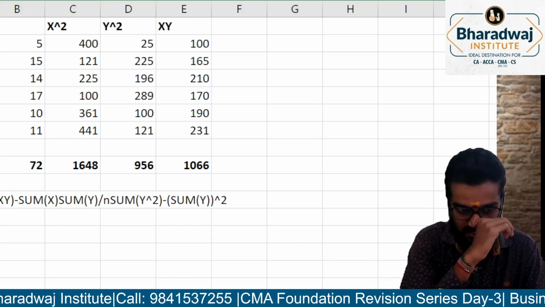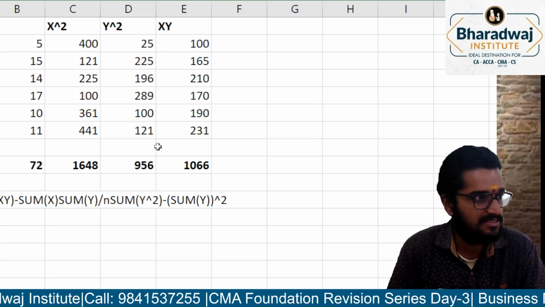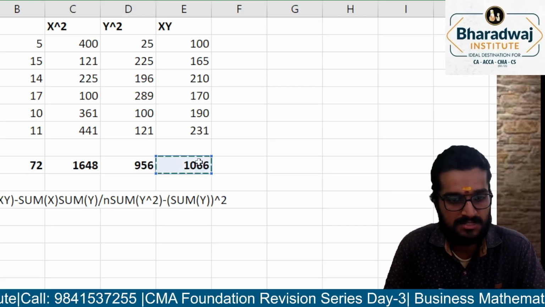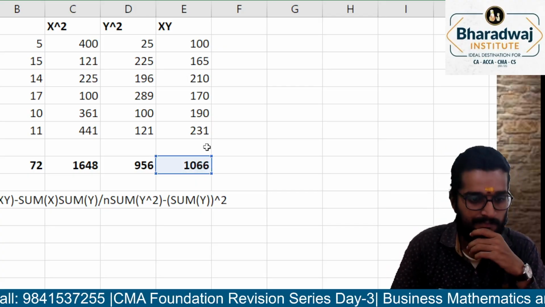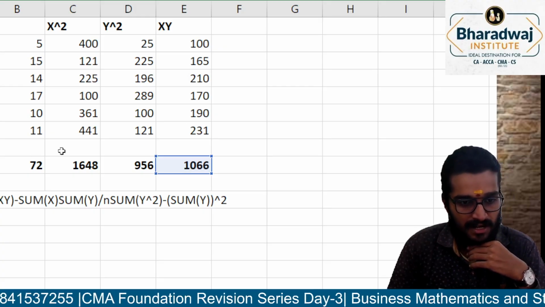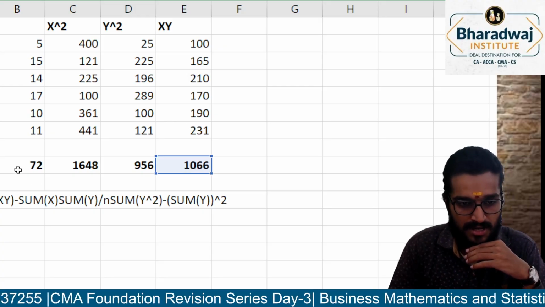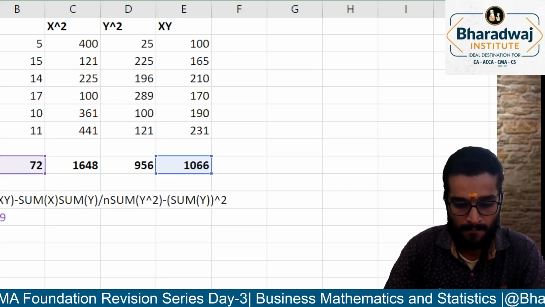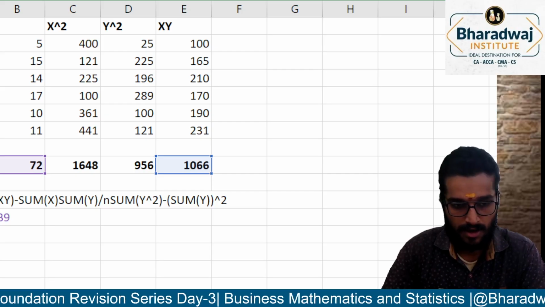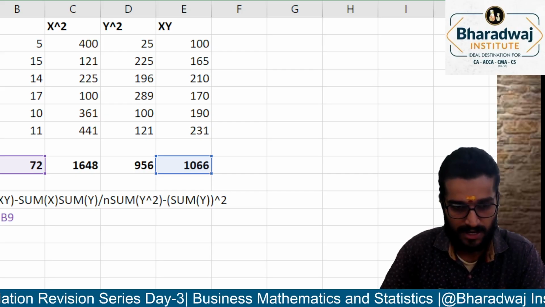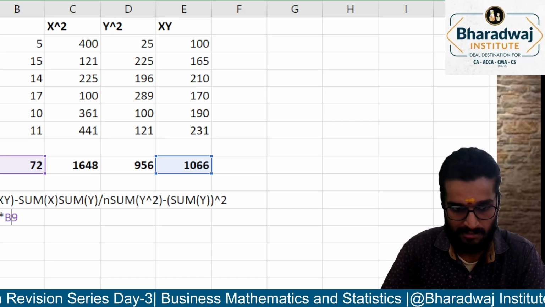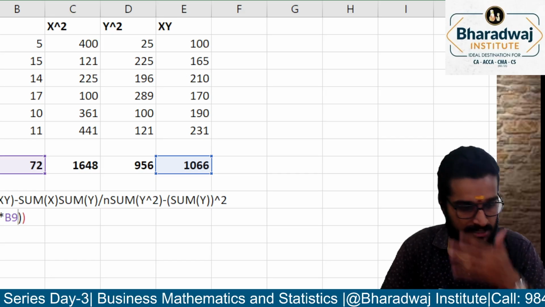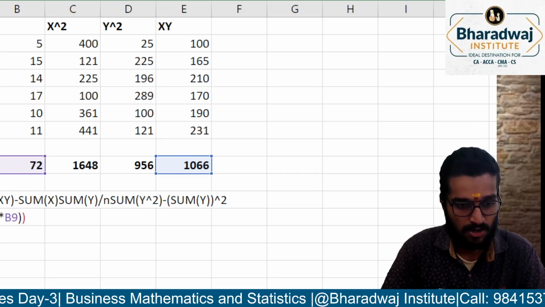What is n here? 6 star. What is summation xy? 1066, minus, what is summation x? 96, summation y 72. So have it as a practice while executing Excel or any mathematical operation: try to use as many brackets as possible, just to avoid any confusion.